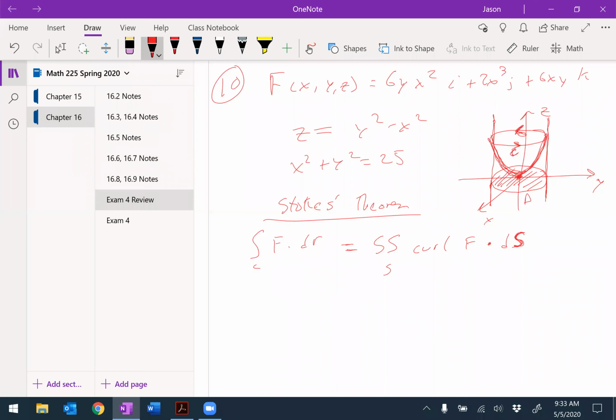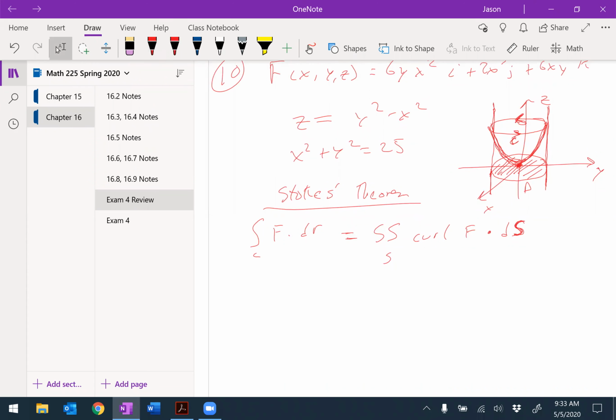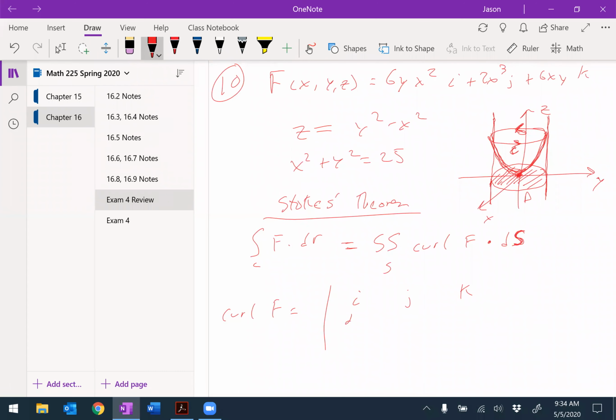Okay, so let's find the curl of f first, because we're going to need to use that. So the curl of f, i j k, of d/dx, d/dy, d/dz. And this is going to be 6yx squared, 2x cubed, and 6xy.